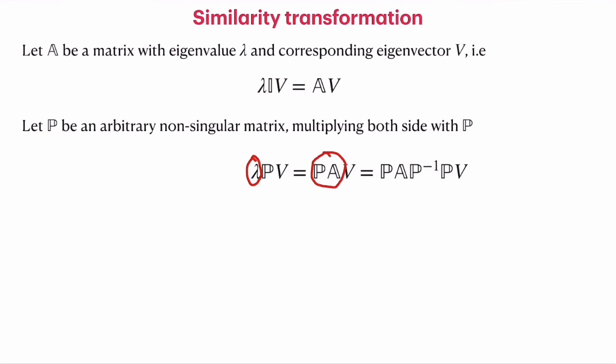You see, matrix multiplication does not commute, so we have to keep their sides preserved. Once we have done that, we play a simple trick. We introduce a combination of P inverse P in between. Because P inverse P is equal to the identity matrix, we can always put in as many P inverse P as we like.